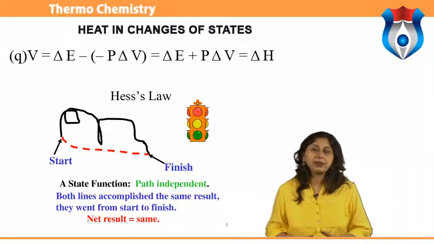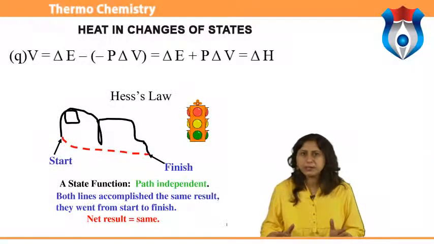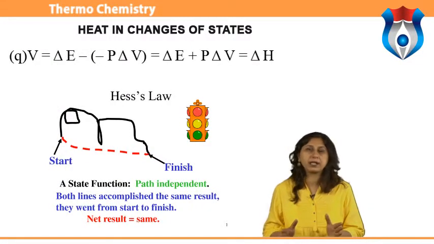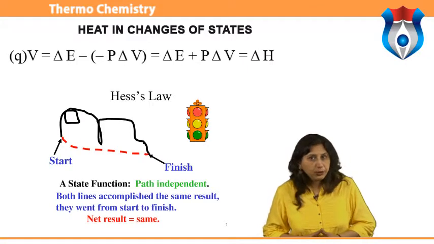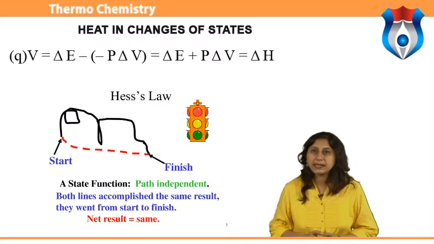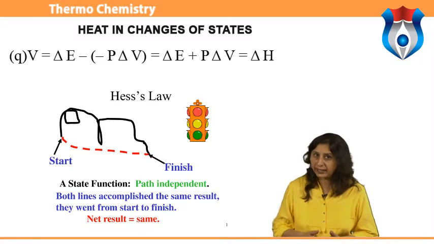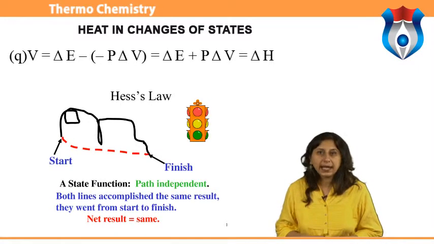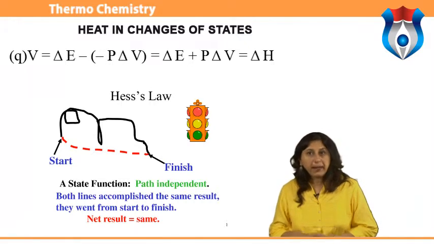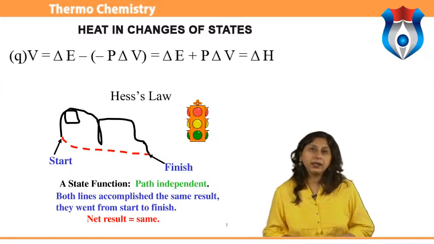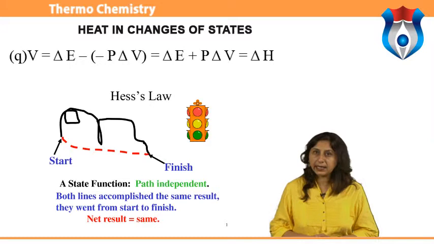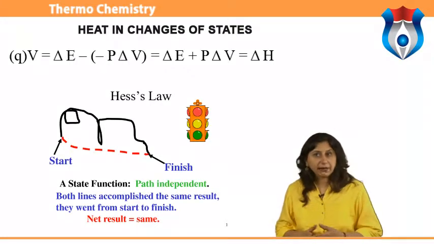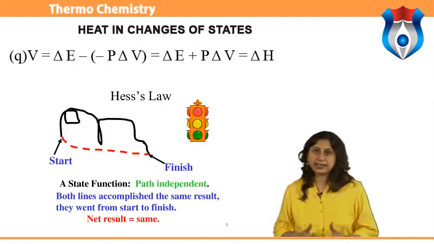However, if the chemical reaction is carried out at constant pressure in an open calorimeter, then W = −PΔV, and in that case, Q_P = ΔE − W = ΔE + PΔV = ΔH.